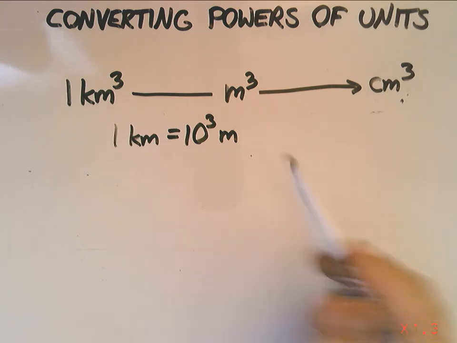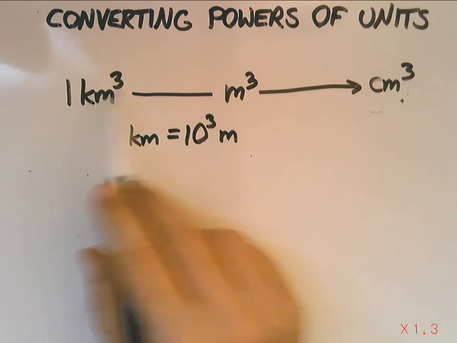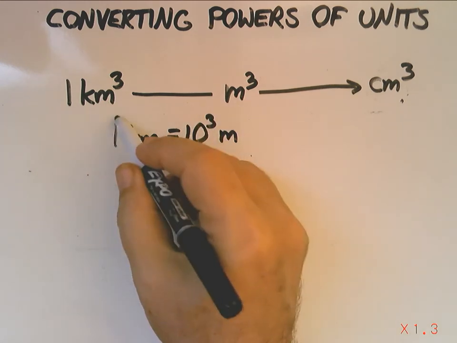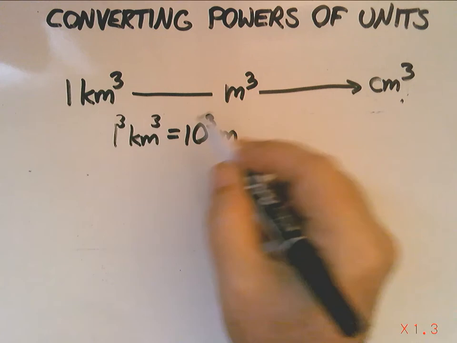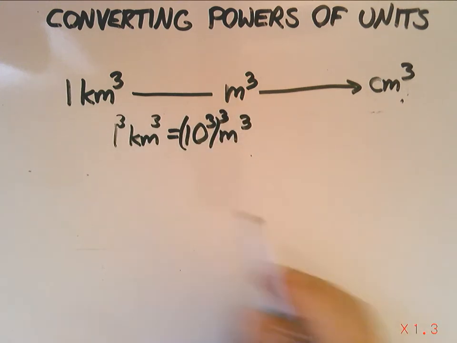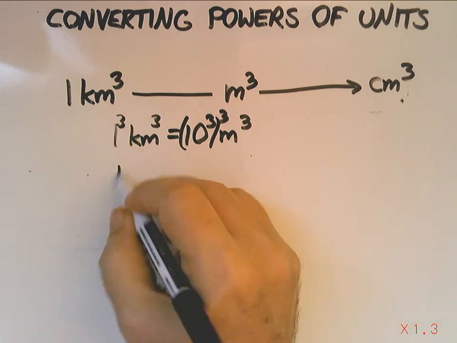Well, like I did before, if both sides of the length that I'm trying to make are cubed, I have to cube the length too. 1 kilometer cubed is 10 to the 3 cubed meters cubed. Let's simplify that. 1 to any power is still 1.